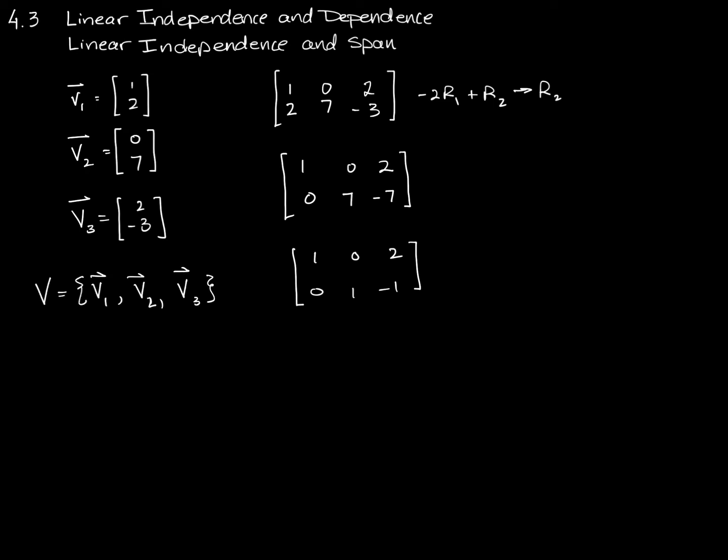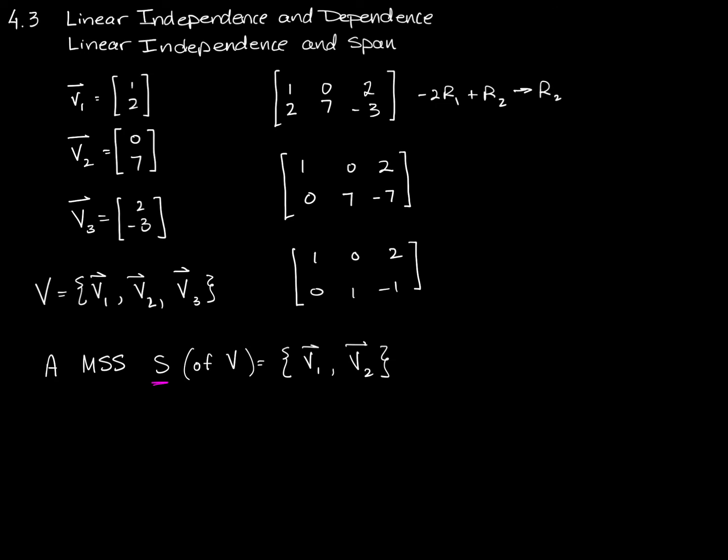That's my full set V. And now I can say that a minimal spanning set, my minimal spanning set called S, is made up of vectors v sub 1 and v sub 2, because the first and second columns in my reduced echelon form matrix are pivot columns, but the third column is not. So that is a minimal spanning set of V, but it is not the only one.